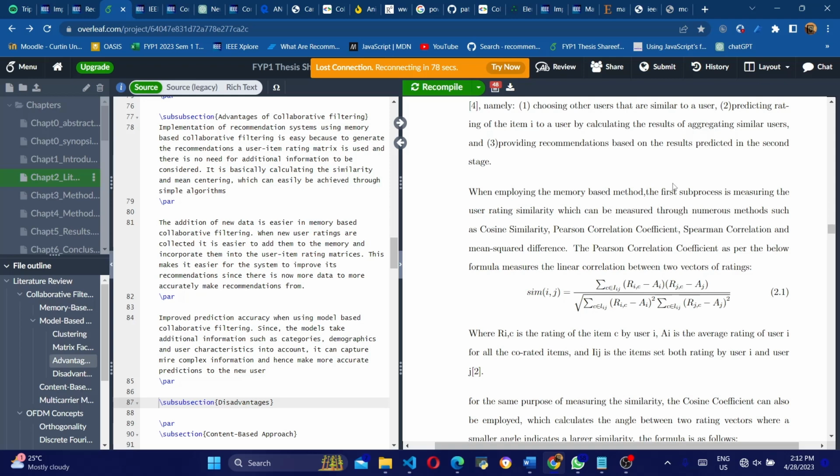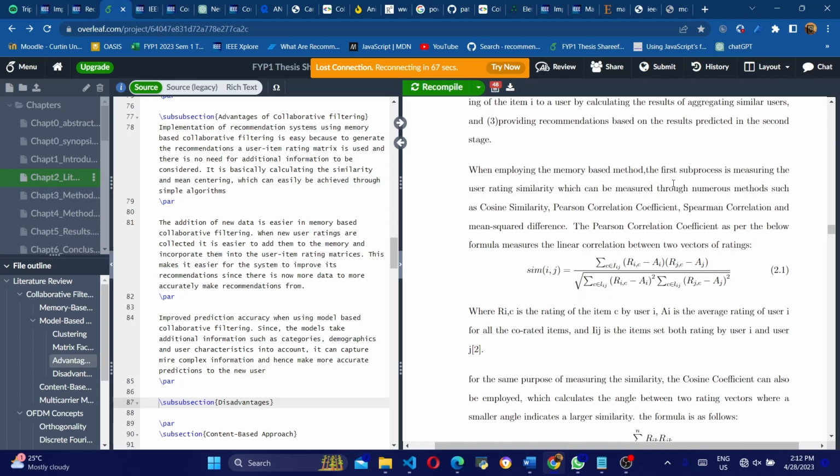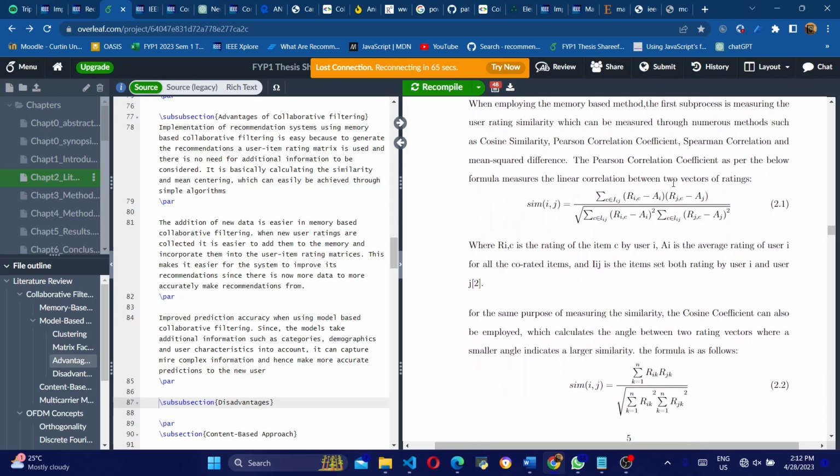The Pearson correlation coefficient formula is a bit long, but it is as indicated in the video, where RIC is the rating of the item C by user A, and AI is the average rating of user I for all the correlated items. That is for Pearson correlation.